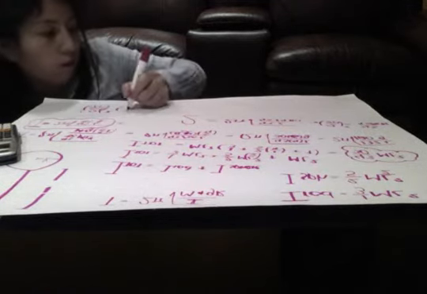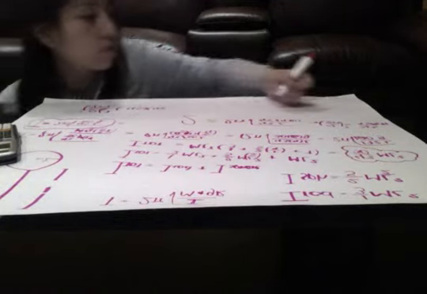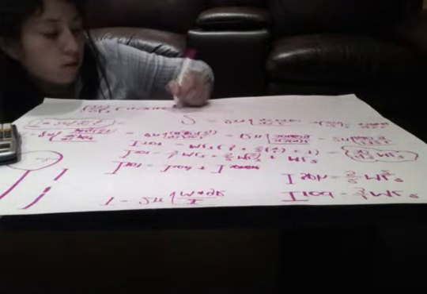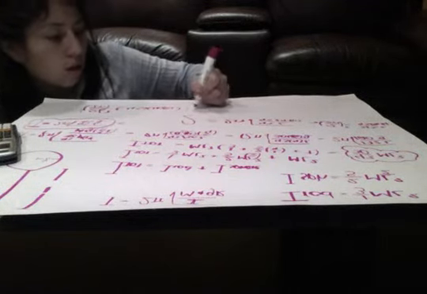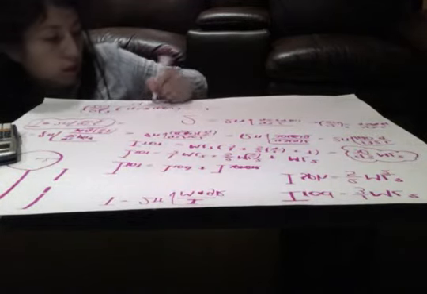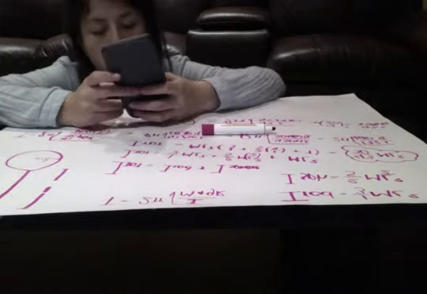If we multiply by 45 times 9.81, it's going to be L, but we have to divide this by 43.